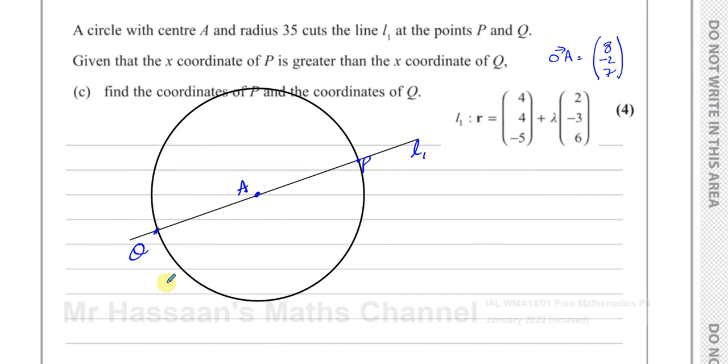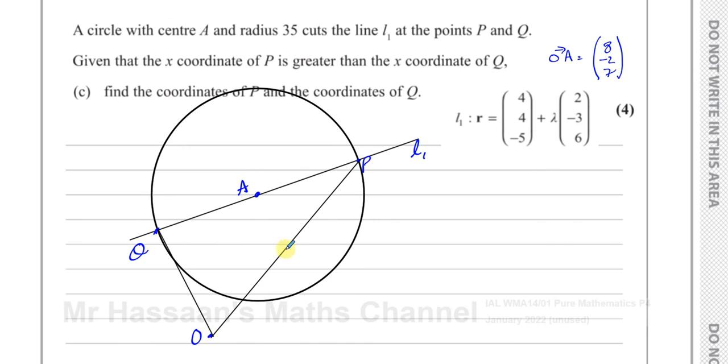All right. Now, we want to find the coordinates of P, which means we need to find the vector from O to P. Let's say this is O over here. This is the origin. So we need to find the vector O to P and the vector O to Q. That's what we need to find.